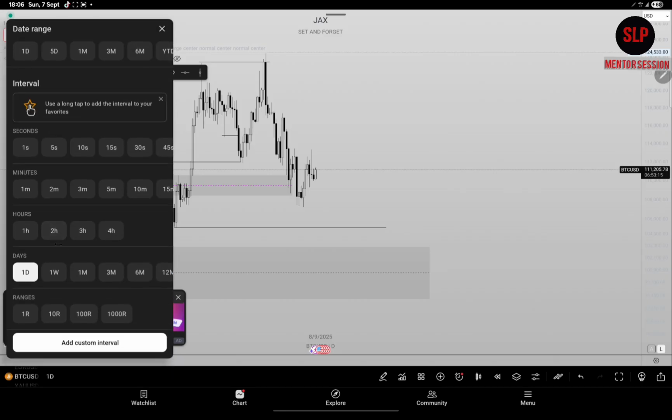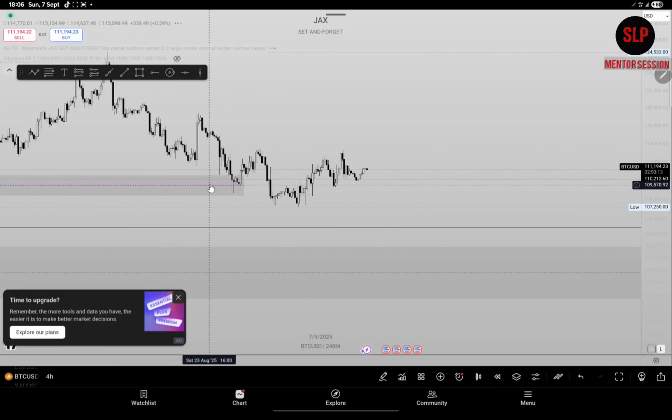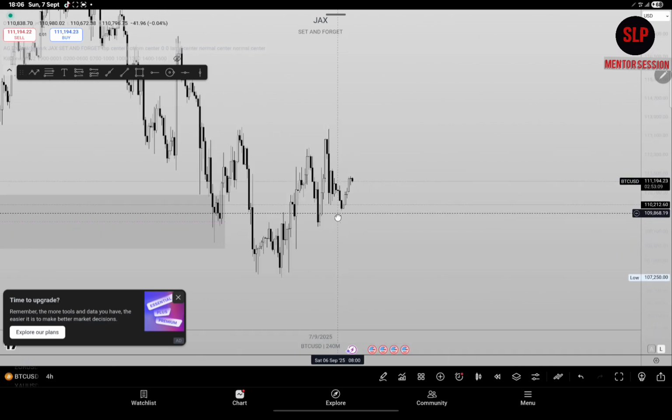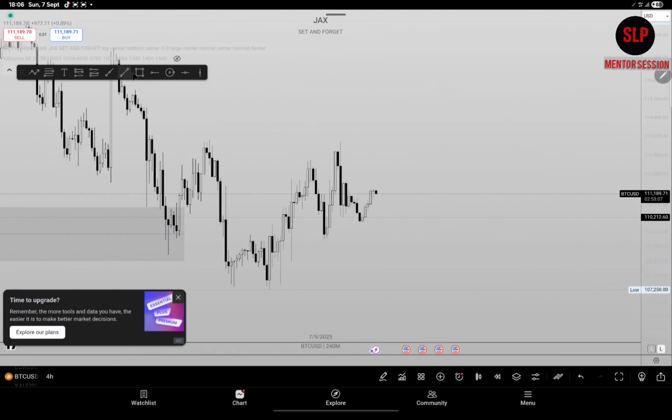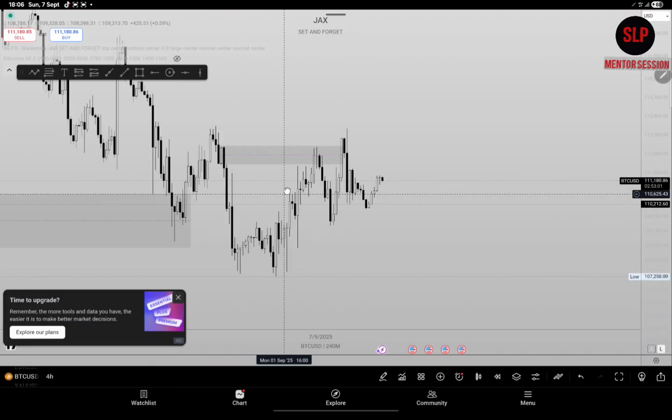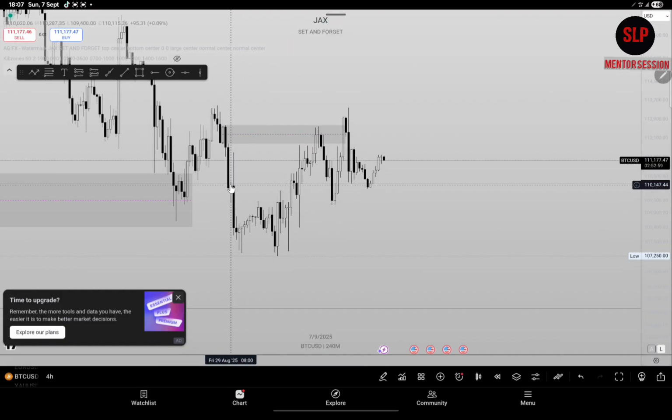You cannot see a POI on the daily time frame, so you continue working down to your lower time frame. We're expecting price to use this other block right here and push to the downside first. I kind of lost a trade right here.